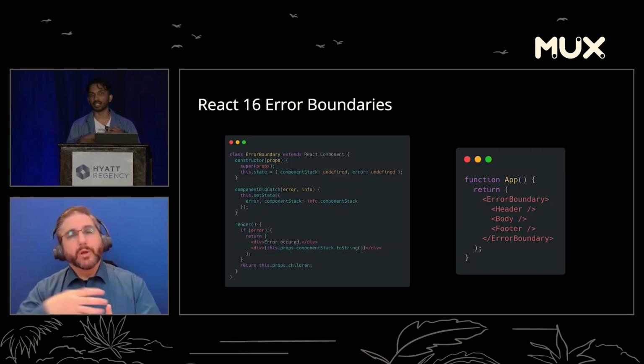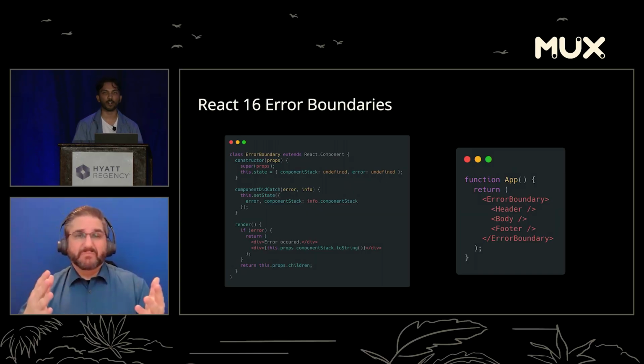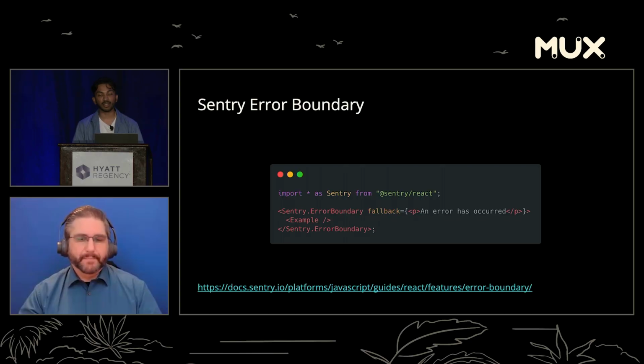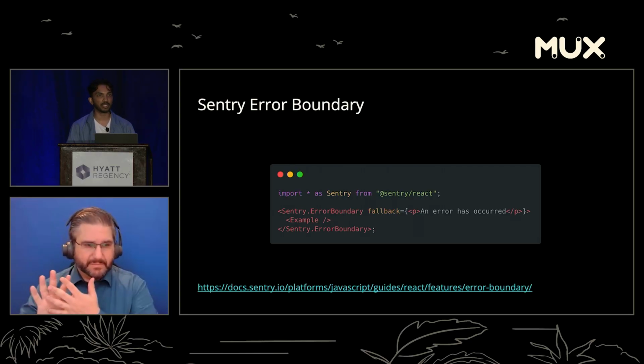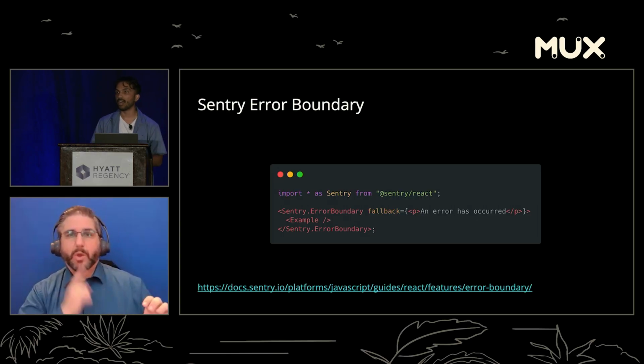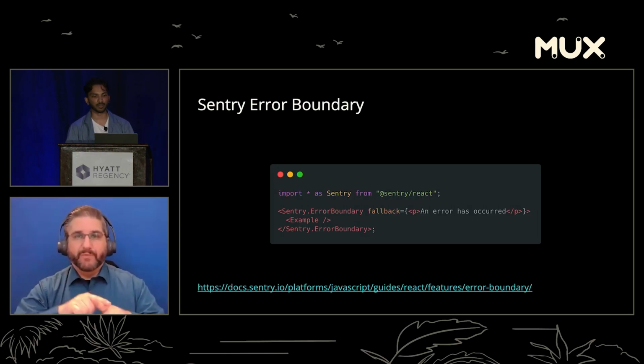And then you can account for the error, set a fallback, and so on. The Sentry SDK actually exports an error boundary component. Maybe you've used it, or used something like React Error Boundary, the library, which abstracts over this componentDidCatch and then allows you to provide a fallback, which is a really solid pattern for this.